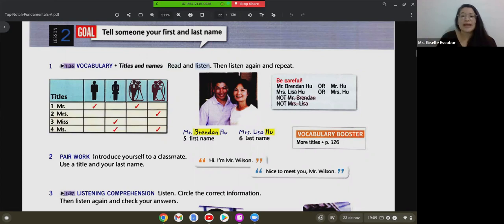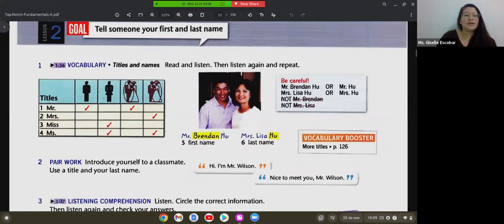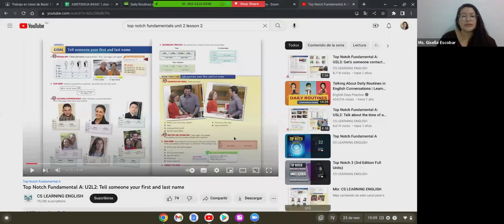Then listen again and repeat. So we have here 6 titles. These 4 and these 2. Okay, so I'm going to play the audio for us to listen to the titles and the names.